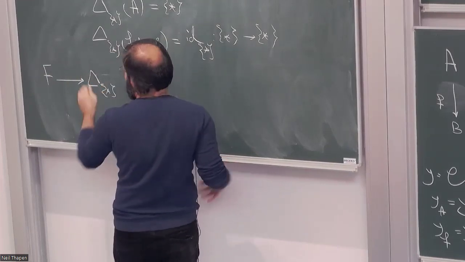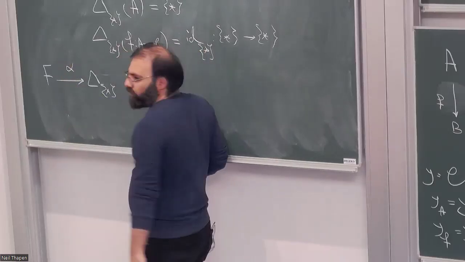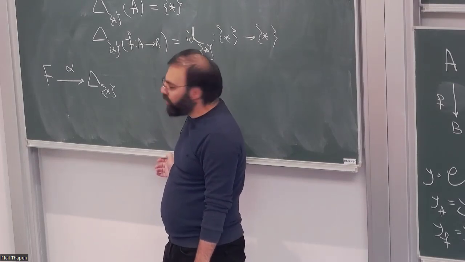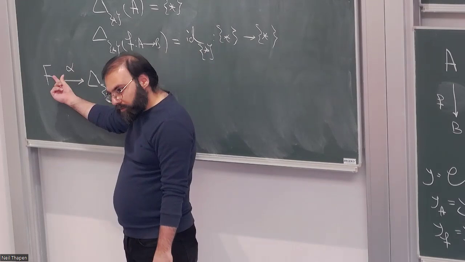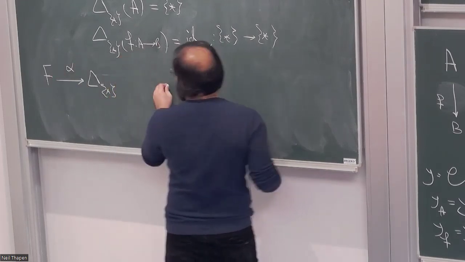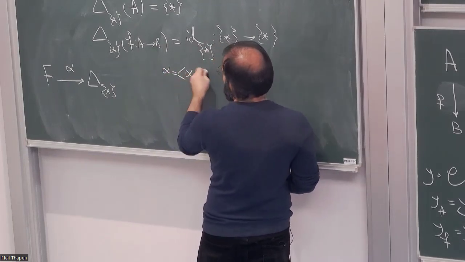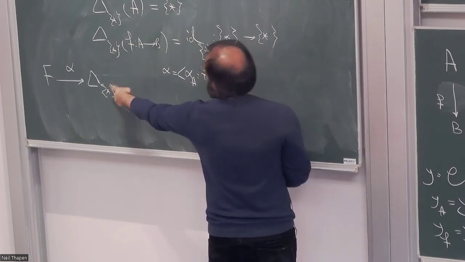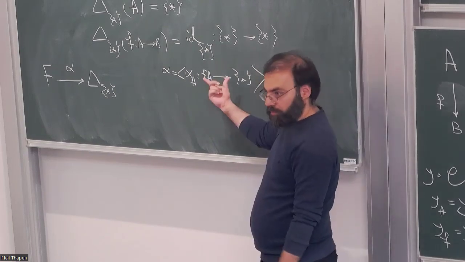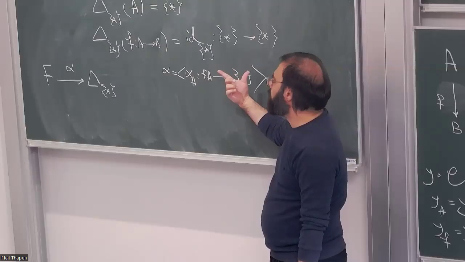A morphism is a natural transformation. Of course, there is at most one, simply because alpha is just a sequence of functions into a singleton. There is one map here, so there's one natural transformation if there exists one.